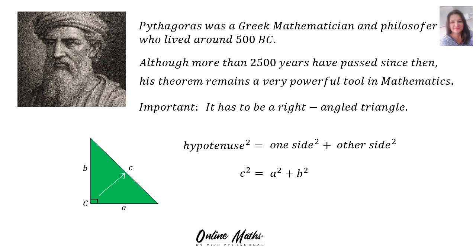So it really doesn't matter if you say a squared first plus b squared or the other way around, as long as it's one side squared plus the other side squared. And whenever you use this theorem, you have to add "Pythag" next to it so that every mathematician knows that you used the theorem of Pythagoras.